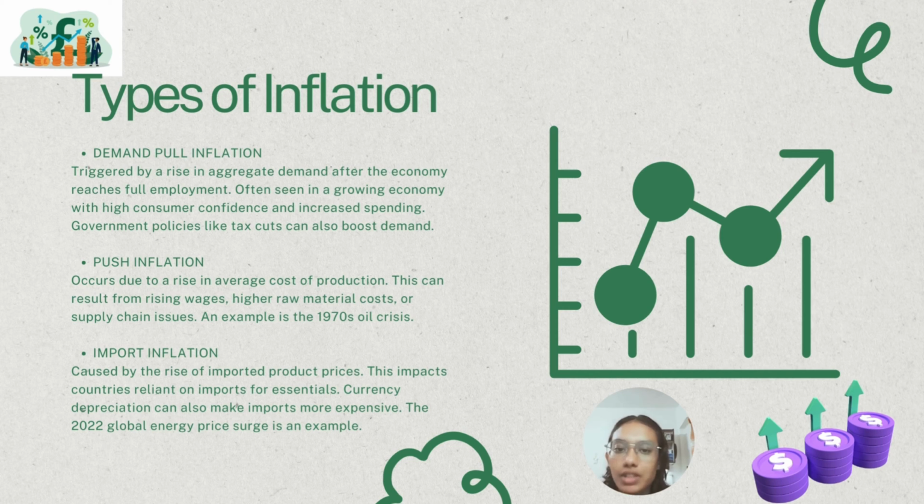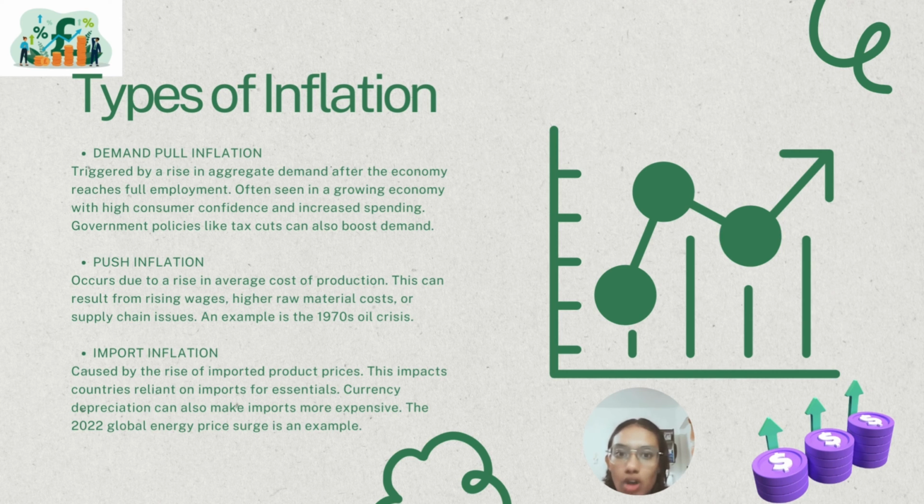If the supply of these goods does not increase at the same rate as demand, the prices will increase. Additionally, government policies such as tax cuts or increased public spending can also boost demand, further contributing to demand pull inflation. Next is cost push inflation.